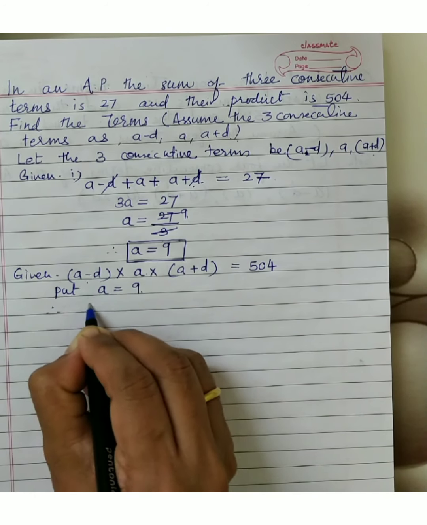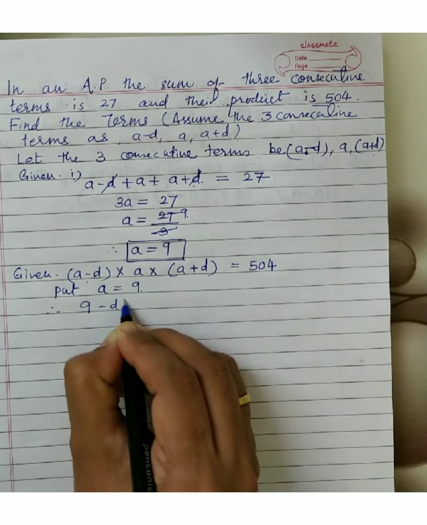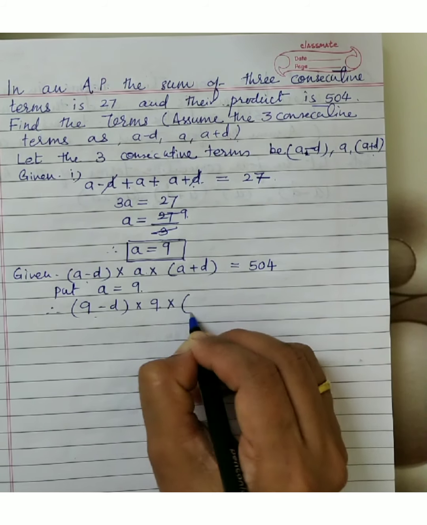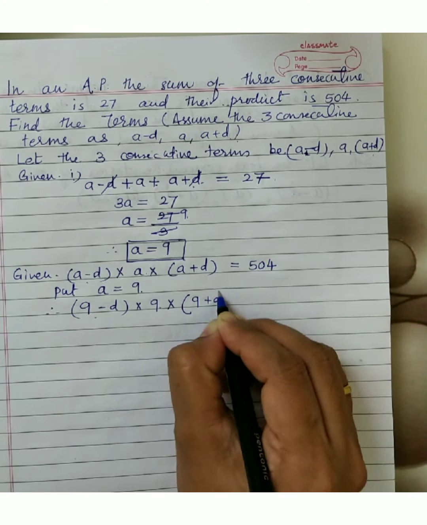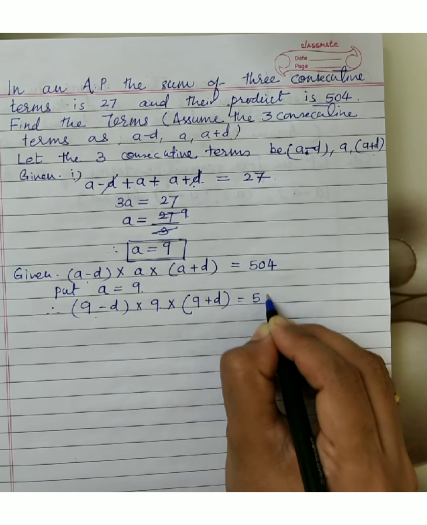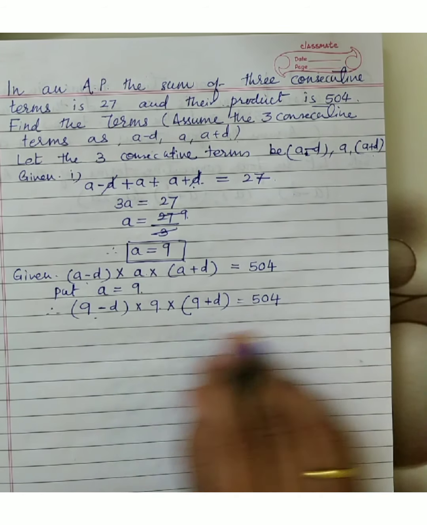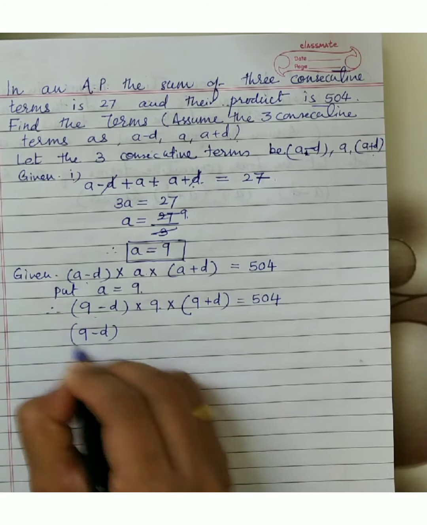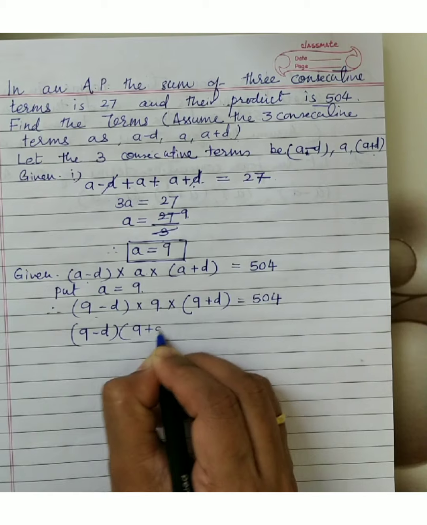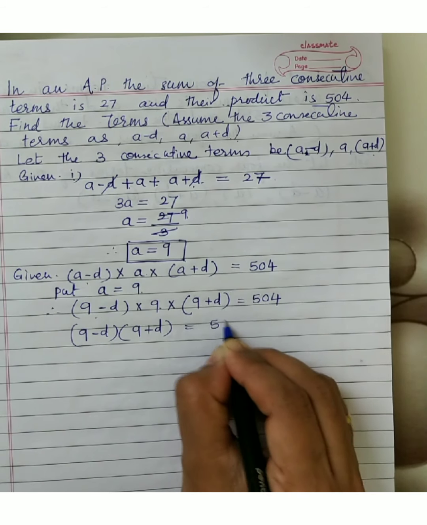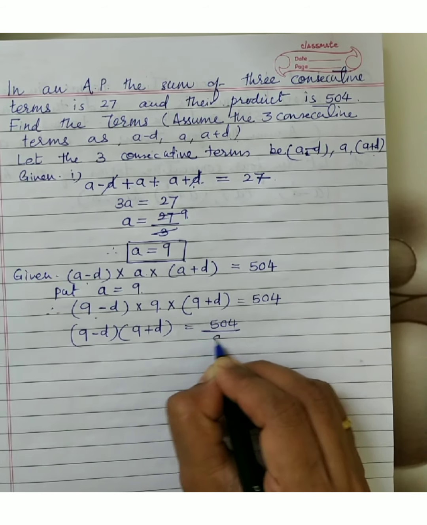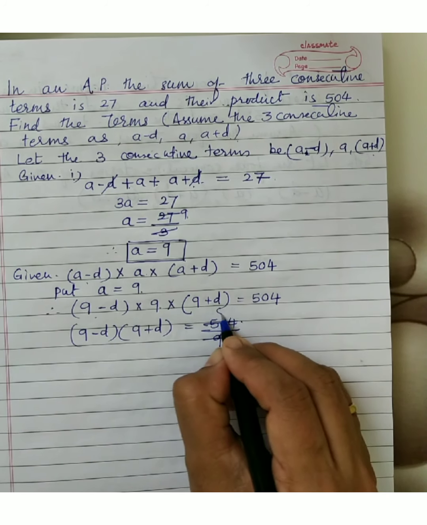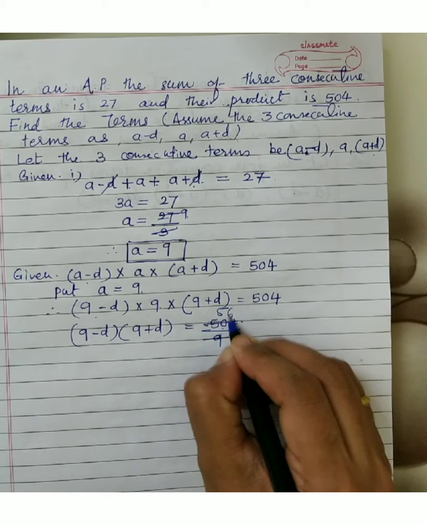What will you get? 9 minus D into 9 into 9 plus D is equal to 504. 9 can be shifted to the RHS. What is left here is 9 minus D into 9 plus D is equal to what? 504 divided by 9. 9 ones are 9, 9 fives are 45, 9 sixes are 54, so 56.